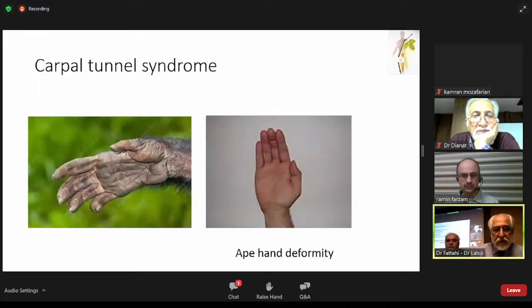The sign that you may have is carpal tunnel syndrome because of the pressure of the lunate on the median nerve.